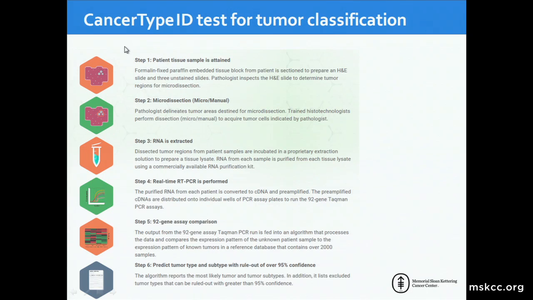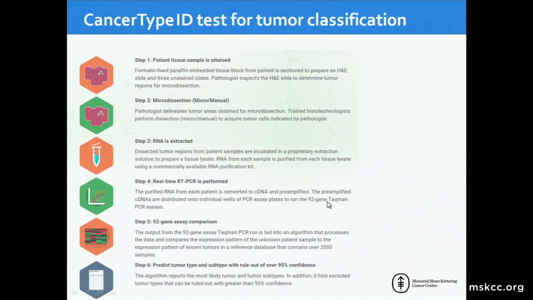As with every molecular test, they try to enrich for the tumor. Then the tumor goes into a test tube, and RNA is extracted. Then they use a reverse transcriptase to make a complementary DNA, and then that goes into a PCR assay that checks for the level in 92 genes.